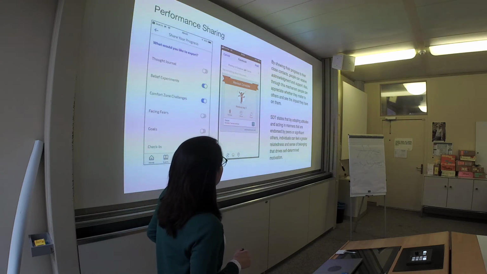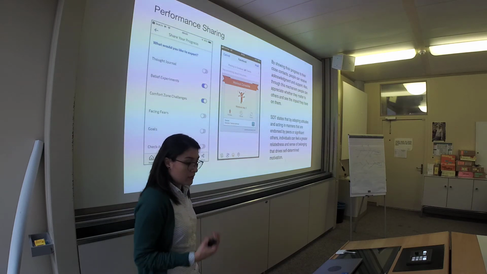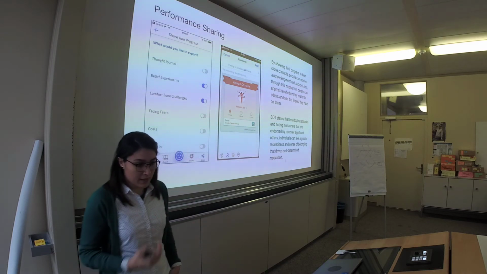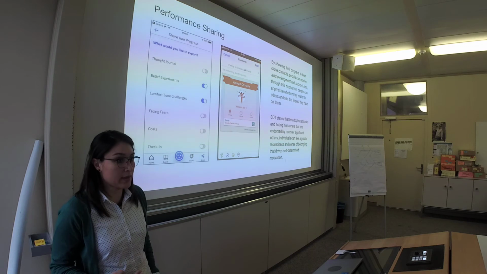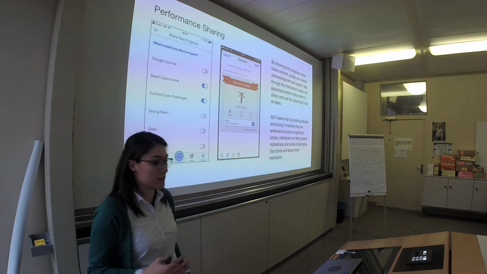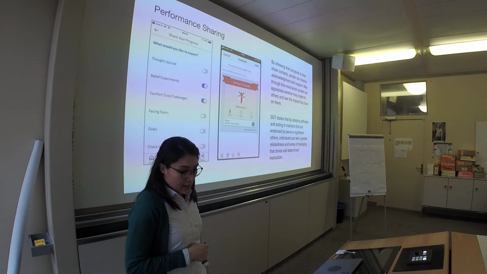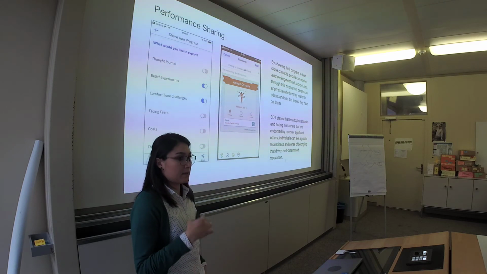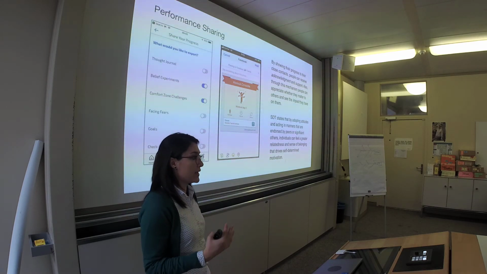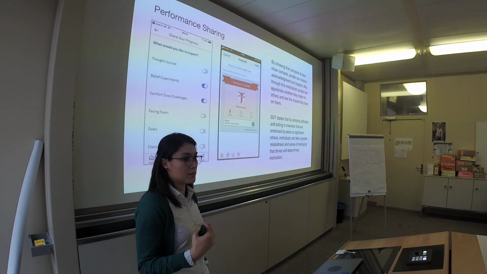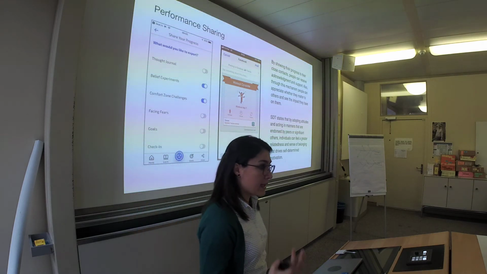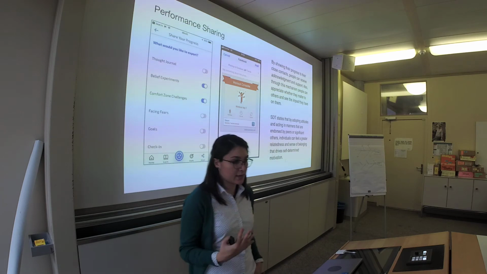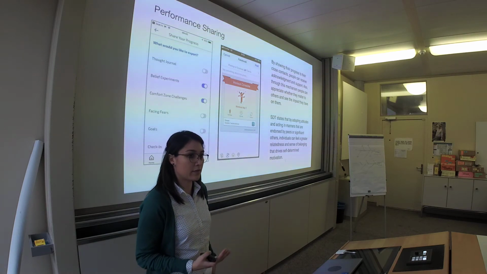So in this way, people can receive acknowledgement of and support of other people that are doing the same activity. And in this way, according to SDT, the fact that people share what they are doing and receiving this acknowledgement from other people make them feel connected and important. And in turn, they will support the feeling of relatedness.